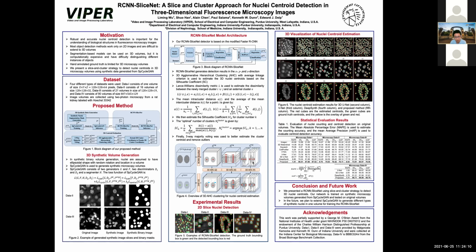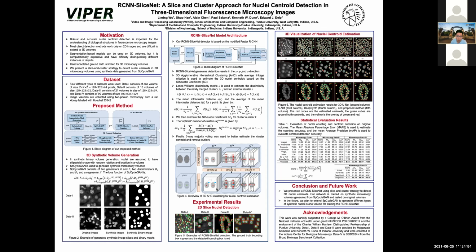Then we use a hierarchical clustering method to cluster these 2D detection centroids and output the 3D centroids, which are in red here. And finally, we use an extra hierarchical clustering model to fuse these results from 3 different directions. Specifically, for hierarchical clustering we use 3D agglomerative hierarchical clustering with the average linkage criterion. And then we use the silhouette coefficient to determine the optimal number of clusters in a volume.